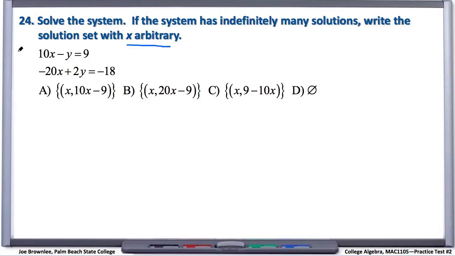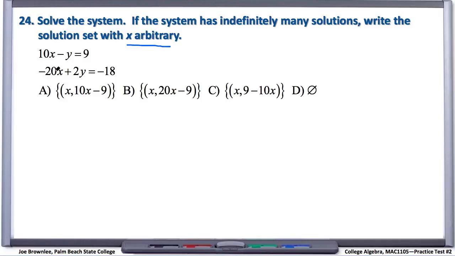We are given 10x minus y equals 9, and negative 20x plus 2y equals 18. Well, we can use elimination here, just like we did with questions 22 and 23. And let's go ahead and get rid of the x variable.